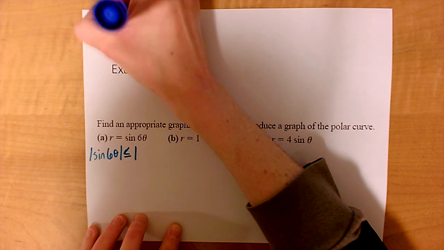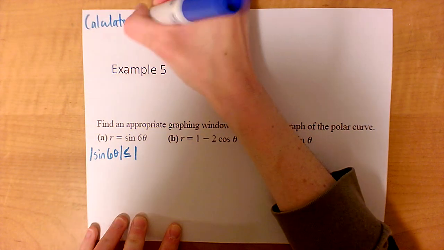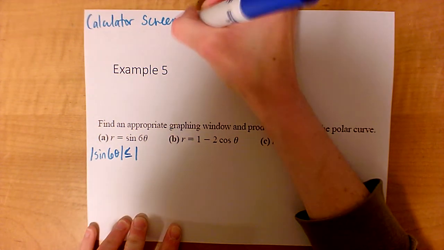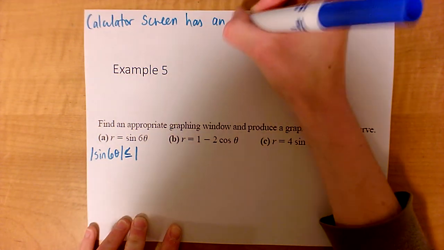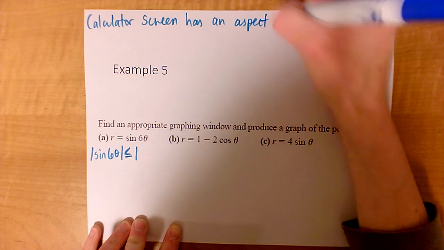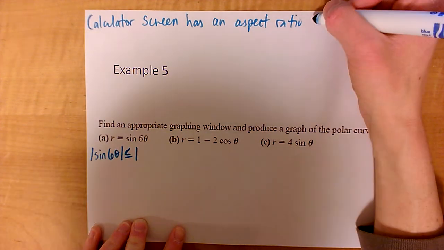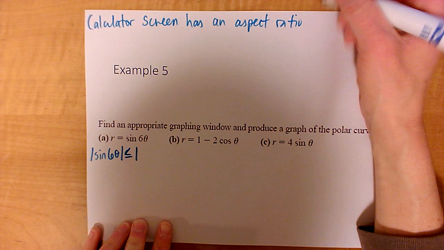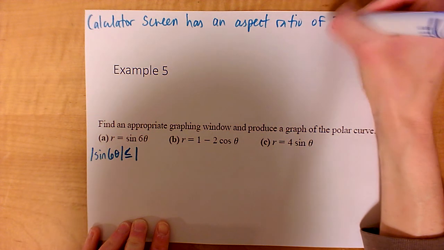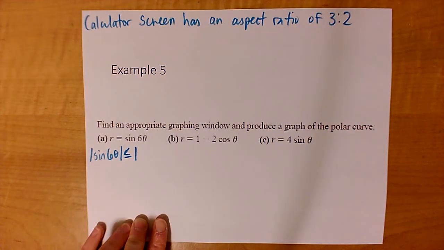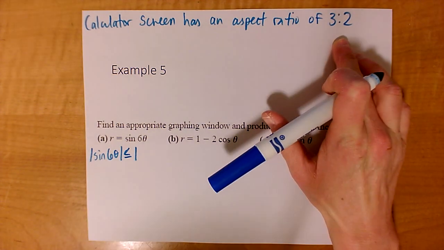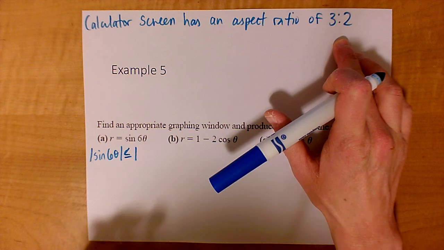But just to, I don't know if you ever knew this, your calculator screen has an aspect ratio of 3 to 2, right? It's not a perfect square, okay? The horizontal side is a little bit longer than the vertical side. So it has an aspect ratio of 3 to 2. So if we use a 1-to-1 scale, we have to think about that when we come up with our calculator window.